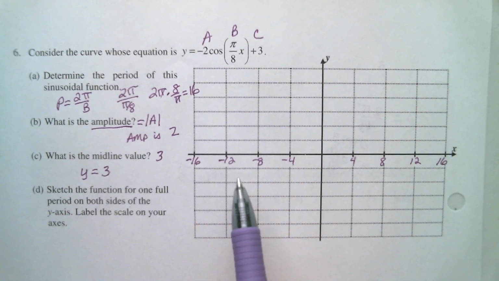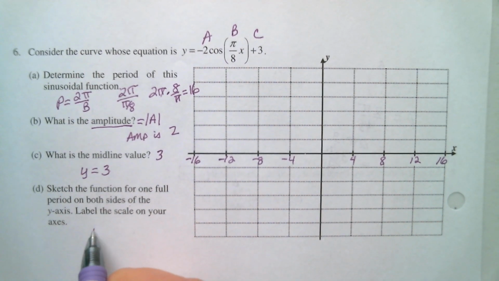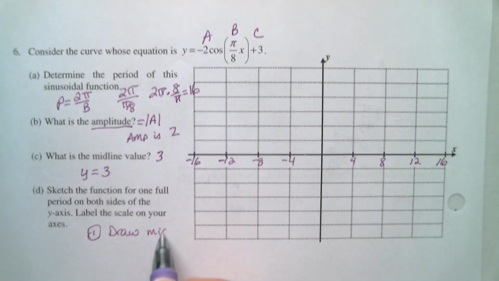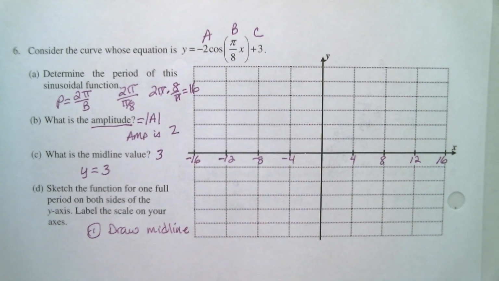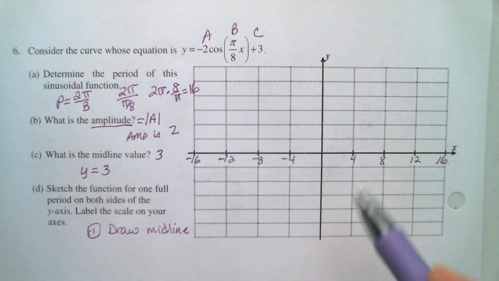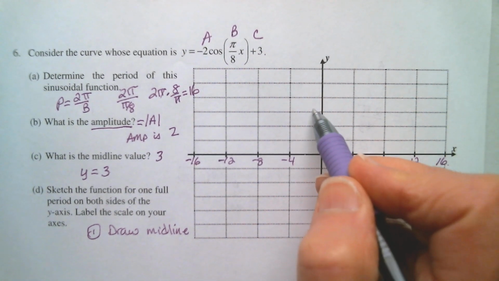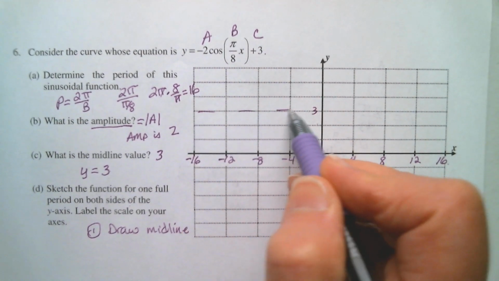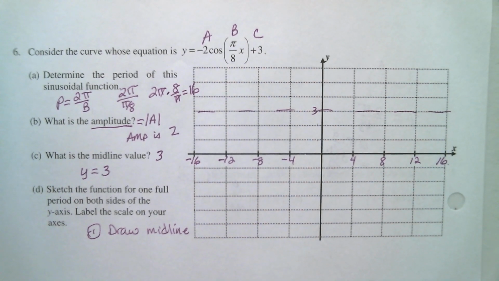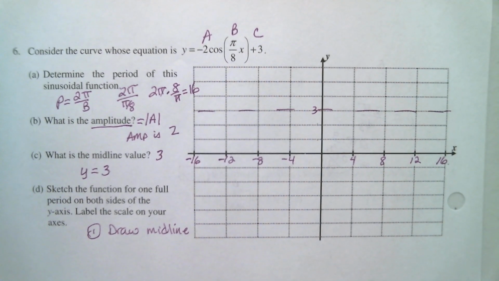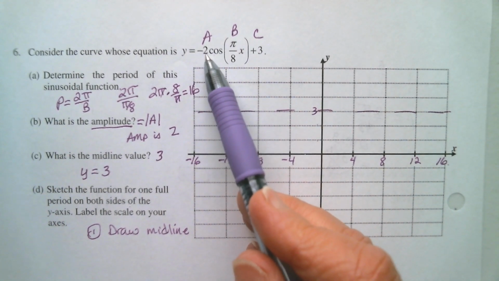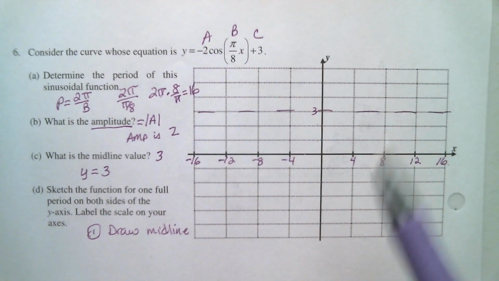Okay, so we start with the midline, right? We already have our scale. All right, we did that already. Draw the midline. Cosine starts off the midline. The A value is -2, right?